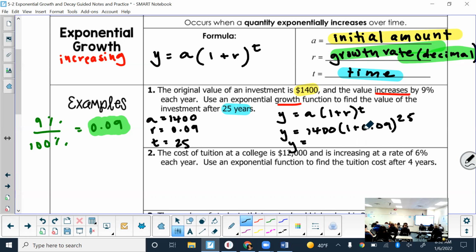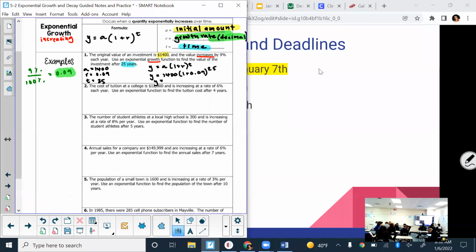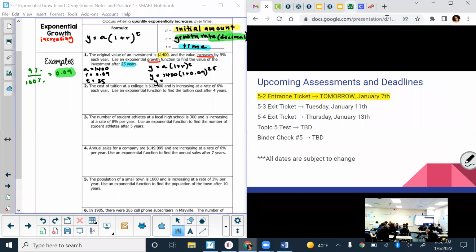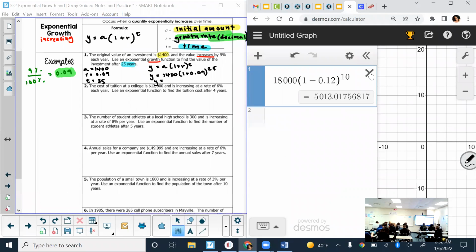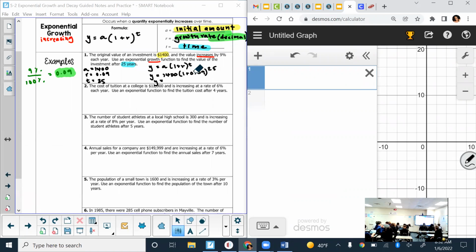So you could just save yourself the trouble and let the calculator do order of operations for you. But even if your calculator doesn't let you put multiple things in it at once, you should know that you would do parentheses first, and then exponents, then multiplication, right?